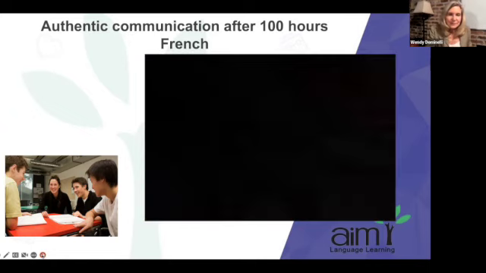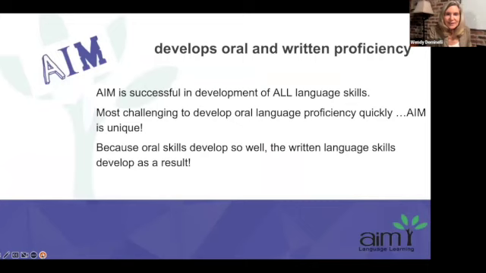So, all right, let's see. I've shown you a lot about the development of oral language skills, which of course is something that AIM does well, but we also work a great deal on the development of written language skills.